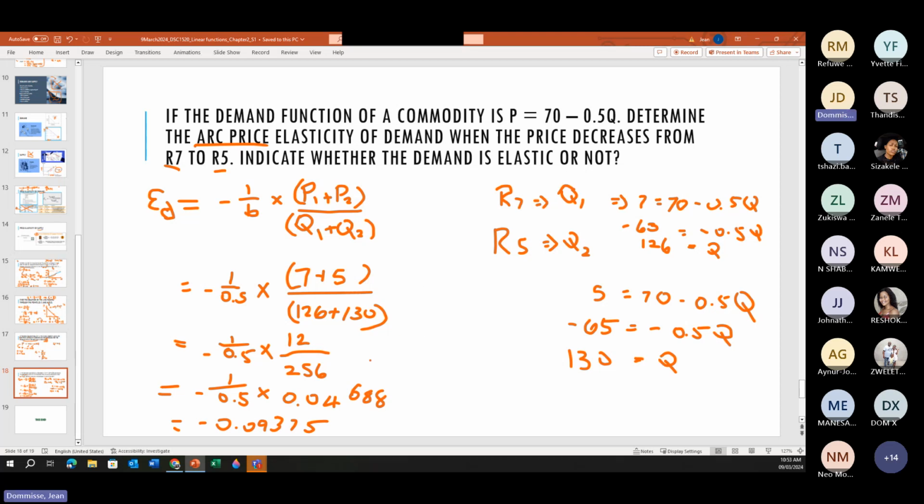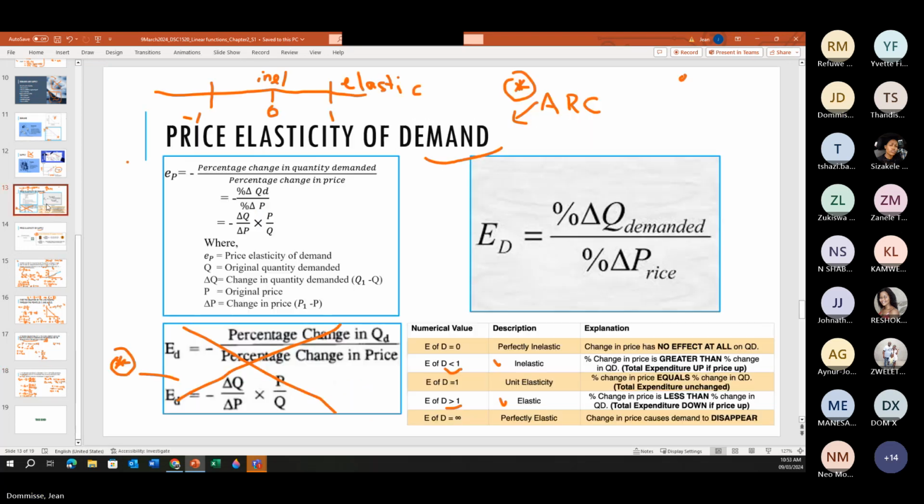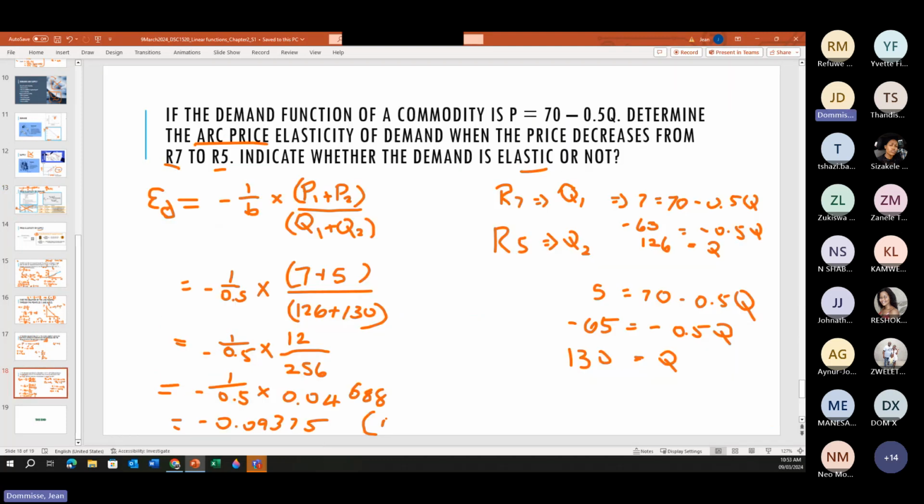Again, you would have gotten a few options. What they can add to that is, is it elastic or not? We go back to this point. Smaller than 1 is inelastic, so it will be inelastic.